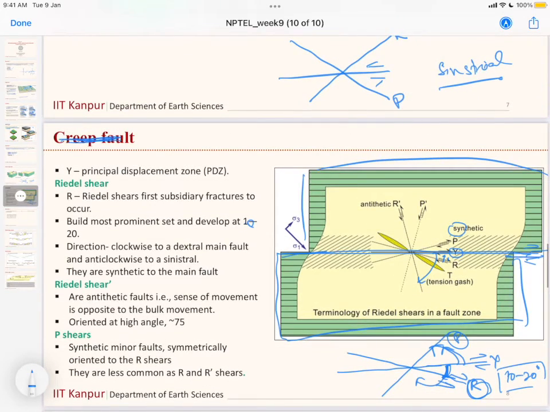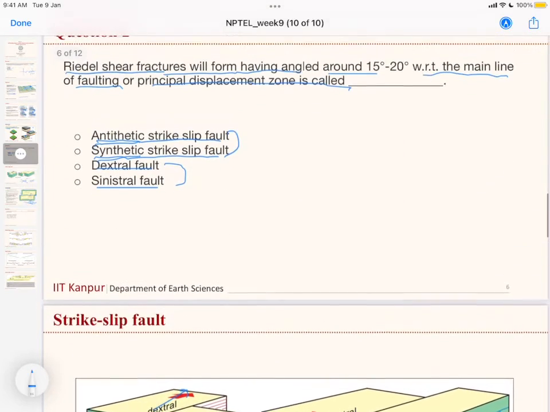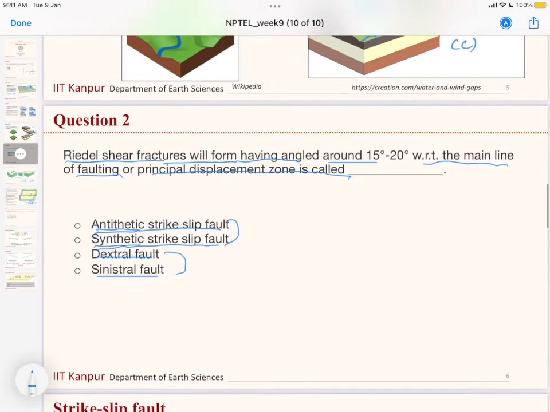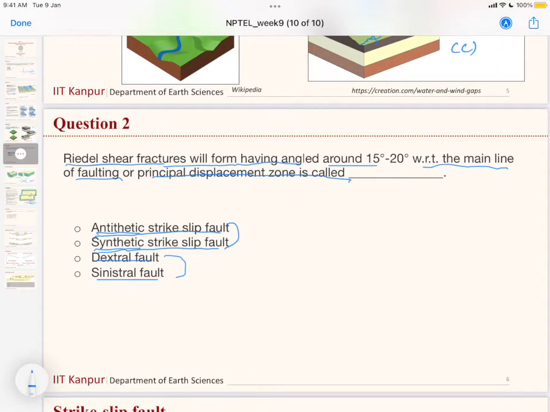So okay, now you guys will answer the question. Now tell me, what would be the answer of this question? We have understood what are the radial shear fractures.